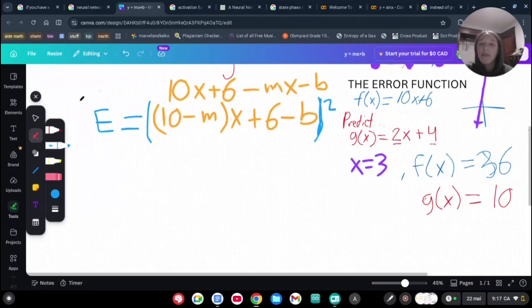Okay, and now when we try and differentiate, once again, I'm trying to find the ideal weight and the ideal bias. So I'm going to differentiate first along the weight, then along the bias. I'll do it separately. So dE over dm. But once again, like I was saying before, the real error function is over all of our different inputs.